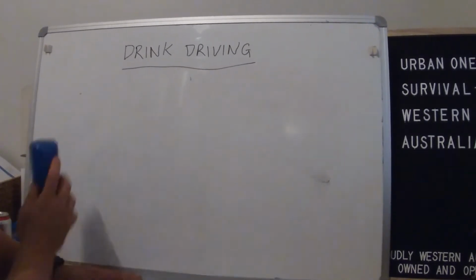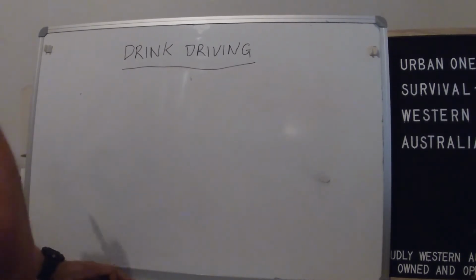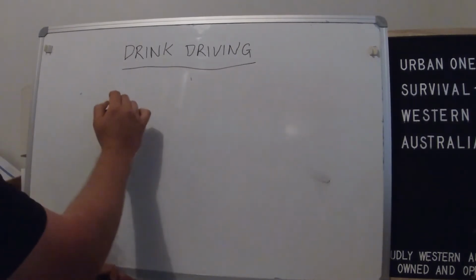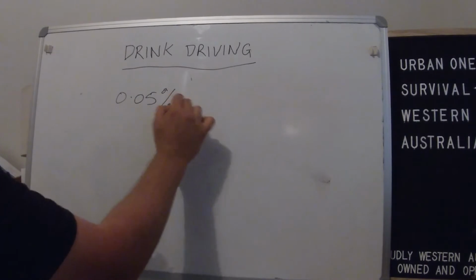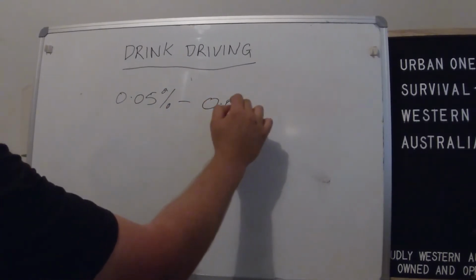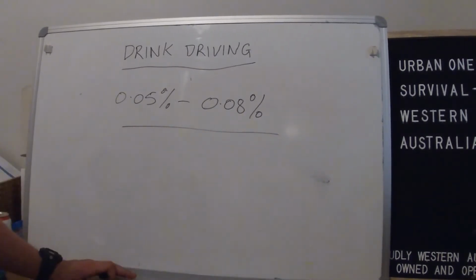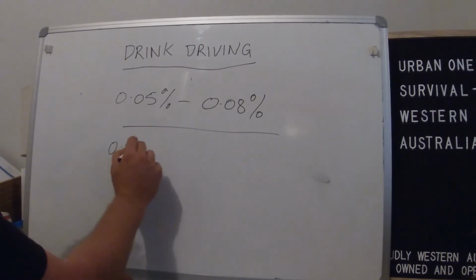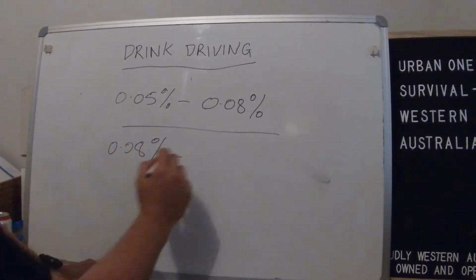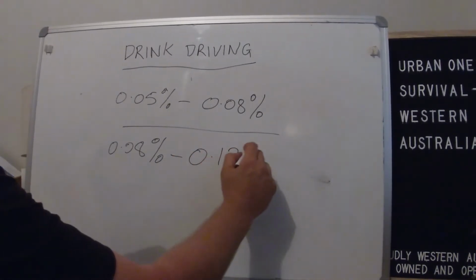However, having said that, there are penalties. The first increment for a full license is between 0.05% alcohol and 0.08% alcohol. That's your first increment. You know you're in trouble then. The second one is between 0.08% and 0.12% alcohol.